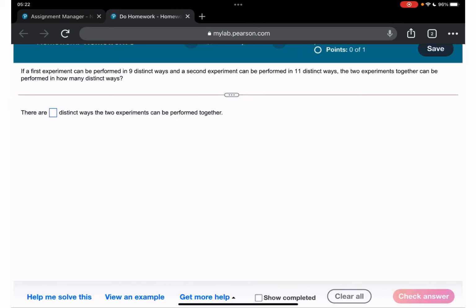If the first experiment can be performed in 9 distinct ways and the second experiment can be performed in 11 distinct ways, the two experiments together can be performed in how many ways?